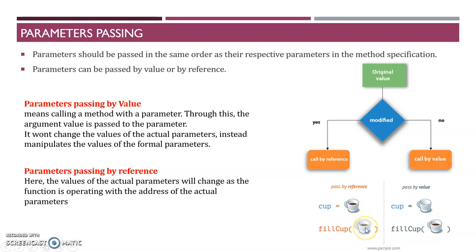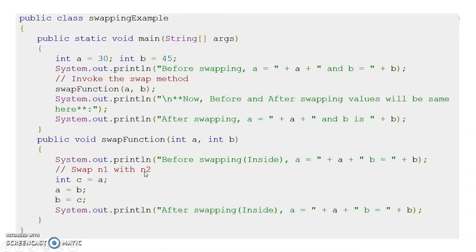There the value is changing, and the same change will get reflected in the variables that are defined inside the main function. So these two cases are possible, call by value and call by reference. But in the case of Java, we are always using the pass by value method, not pass by reference, because it is somewhat difficult in Java to implement the call by reference method.